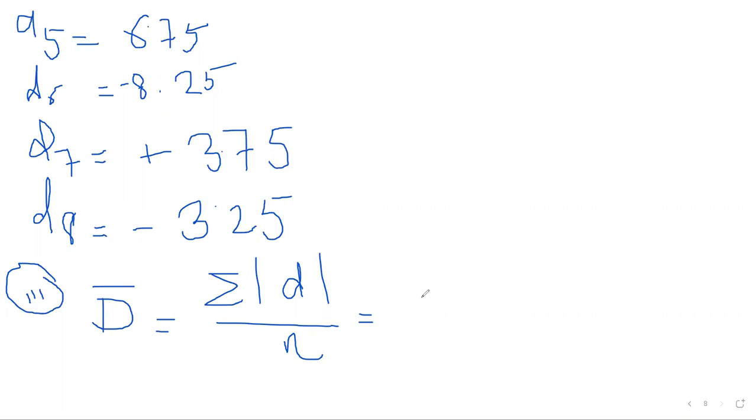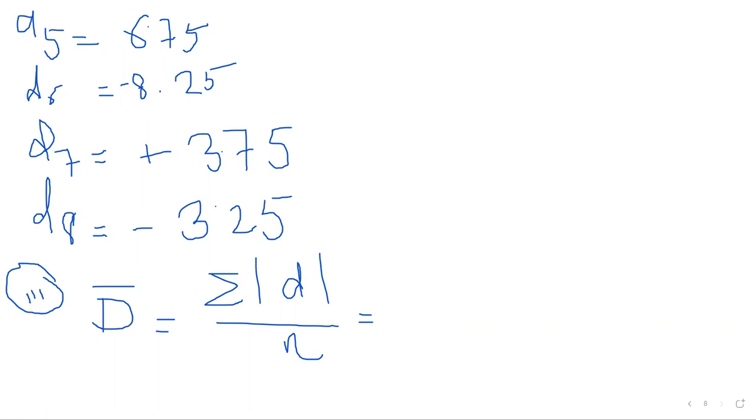That means whatever is negative, take it as positive. So 7.25 plus 8.75 plus 3.75 plus 4.25 plus 6.75 plus 8.25 plus 3.75 plus 3.25. See what addition is coming, divided by 8. 8 is the number of readings. So tell me the answer fast.